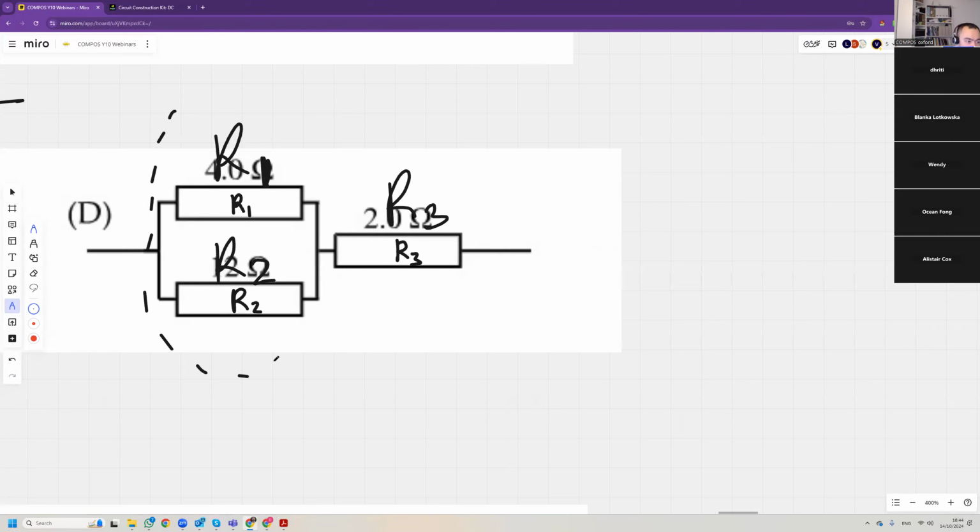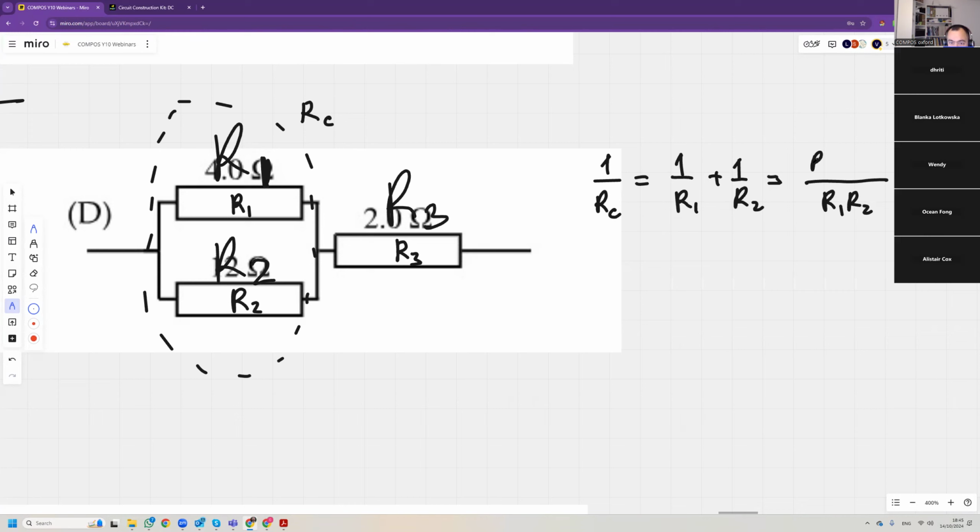Let's call this combination RC. 1 over RC is going to get a bit algebraic: it's 1 over R1 plus 1 over R2. The common denominator is R1R2, and this is (R1 plus R2) over R1R2, if you add the two fractions.